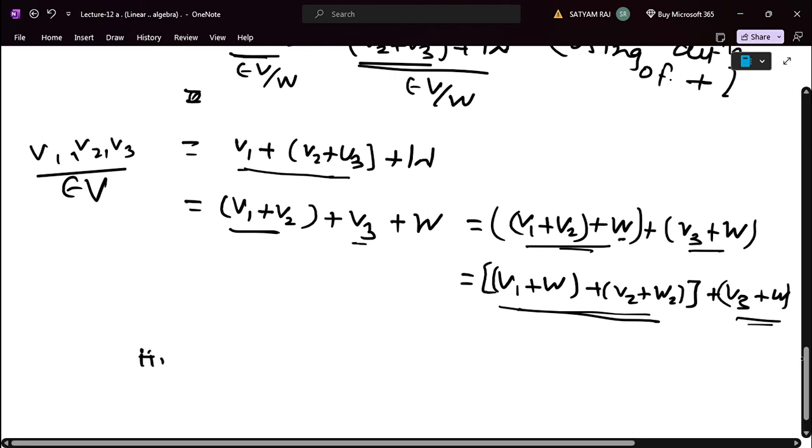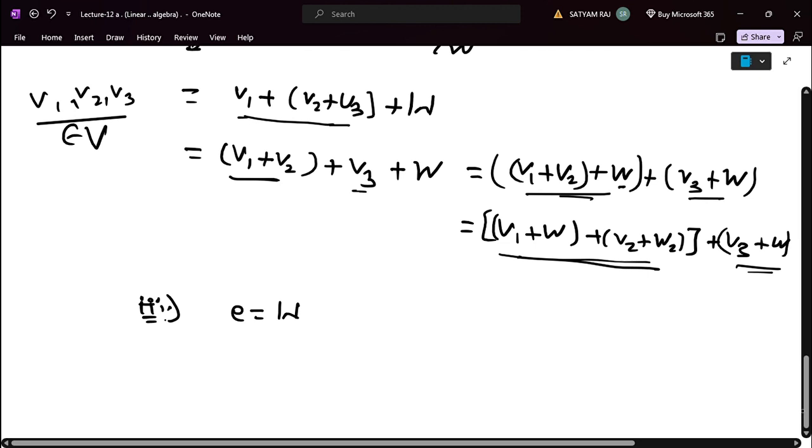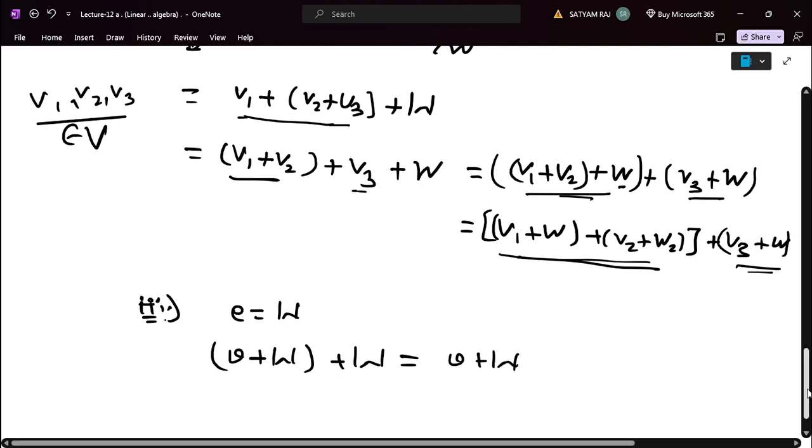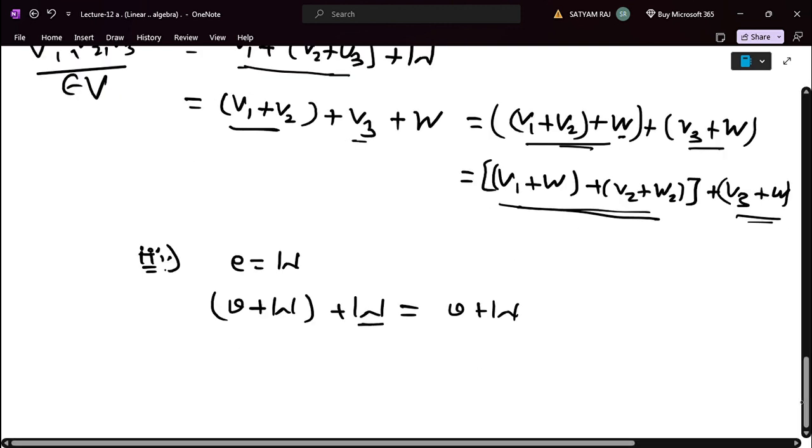Third, we should have an identity element. So if we take E equal to W, the identity element behaves such that adding it to any element gives the same element. So this should be V plus W. Okay, we are using W as the identity element.